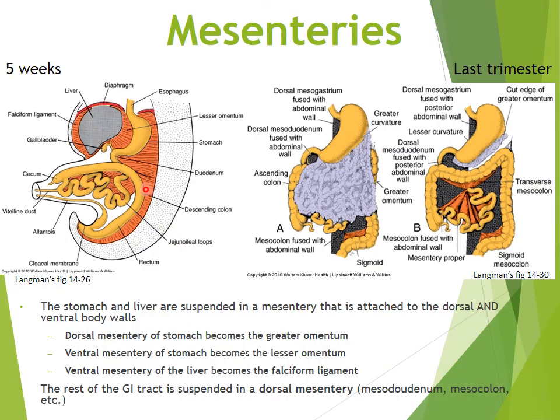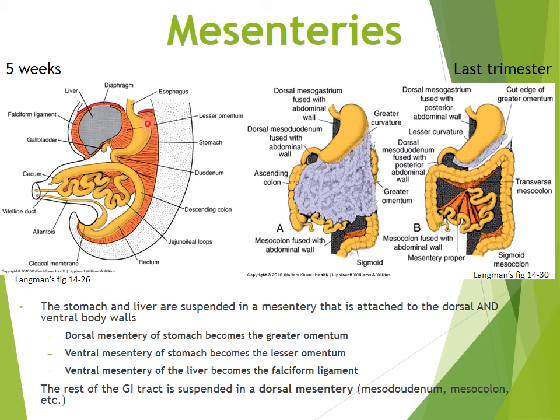Now again, to review the mesenteries of the gut tube, and especially we will focus on the mesenteries of the stomach. Here you can see that the stomach and also the liver are suspended in the mesentery, which is attached to the dorsal wall as well as to the ventral body wall.